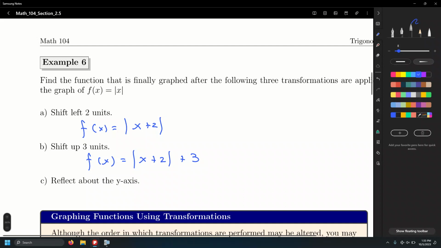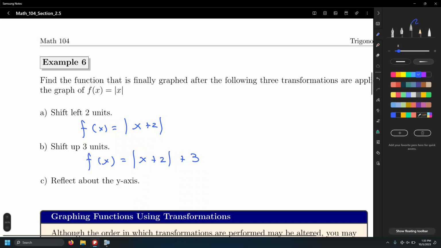Letter C: reflect about the y-axis. What would you do to reflect about the y-axis? What coordinates get affected when you reflect about the y-axis? Are they the y coordinates or the x coordinates?